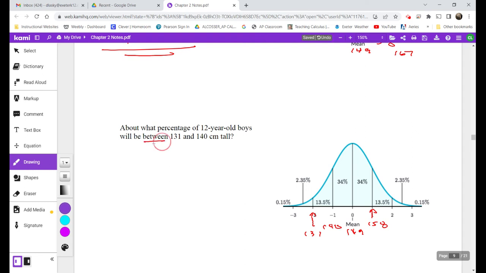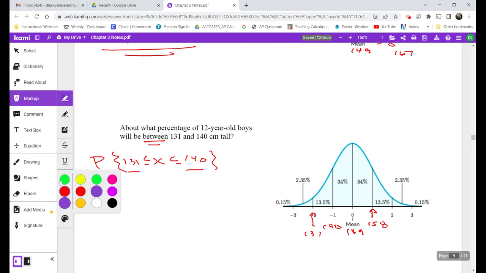So it says the word between. So what's the probability that X is between 131 and 140? Okay, you guys kind of see that? So we've set our boundaries. These are our boundaries, and now we got to shade wherever we're talking about.